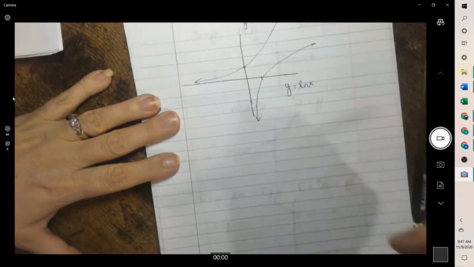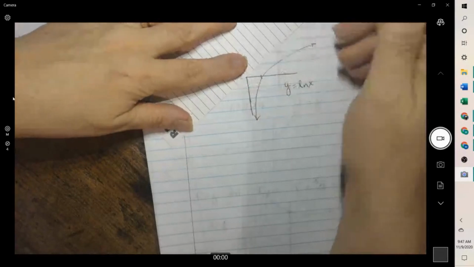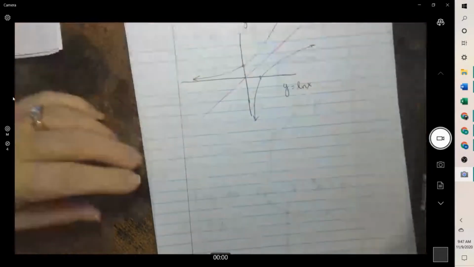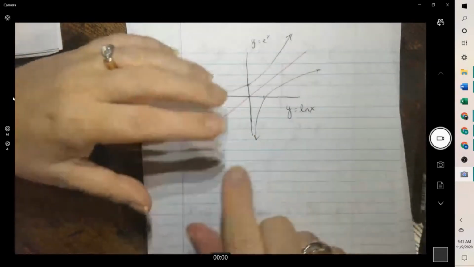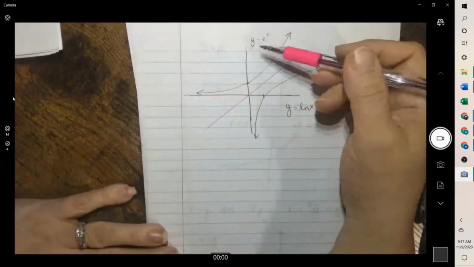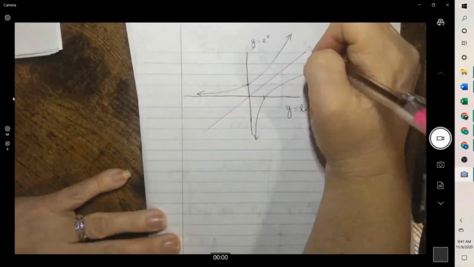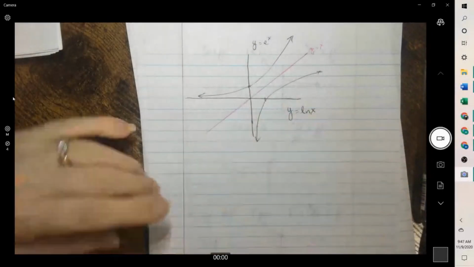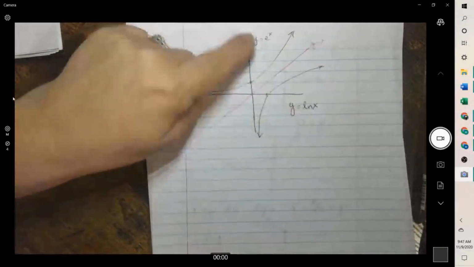If you graph the line y equals x, they flip on it because they're inverses. So remember when we found inverses of functions, if you graph them, they flip along the x equals y line. And that's why when you graph the exponential, it's here and the logs are here, because they're inverses.